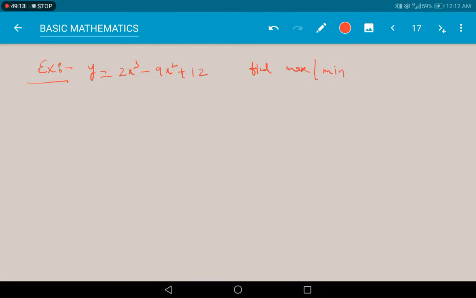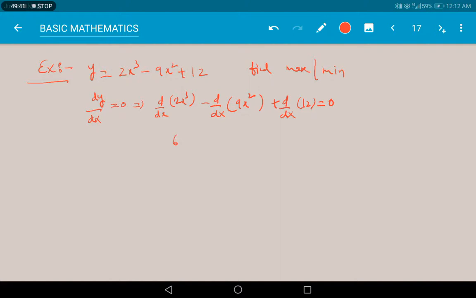So first we should make the first derivative equal to 0. Then you are going to get the x value. So dy by dx: d by dx of 2x cube minus d by dx of 9x square plus d by dx of 12x equals 0.